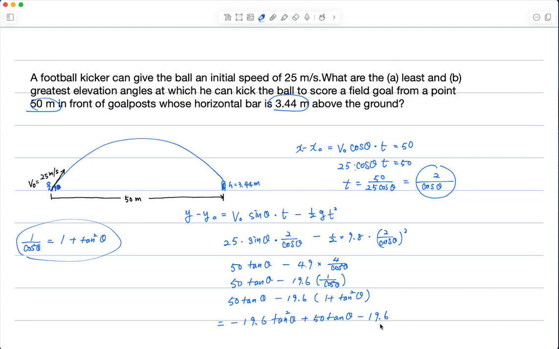That's the vertical or y displacement. When the ball comes to this position, it has to be less than 3.44.